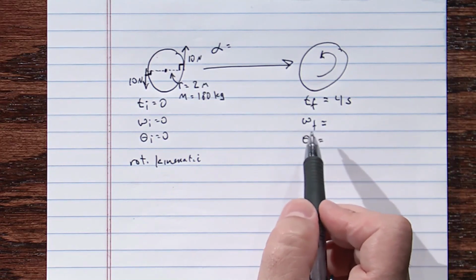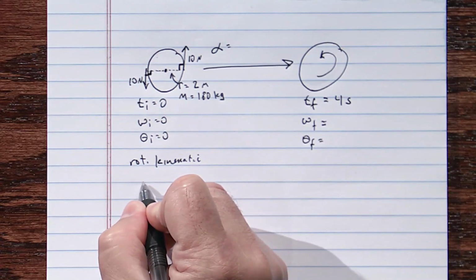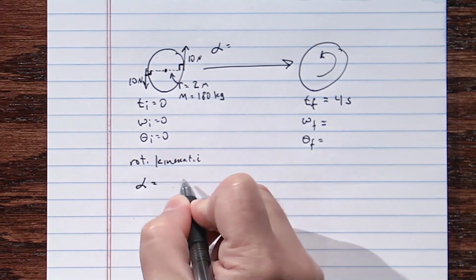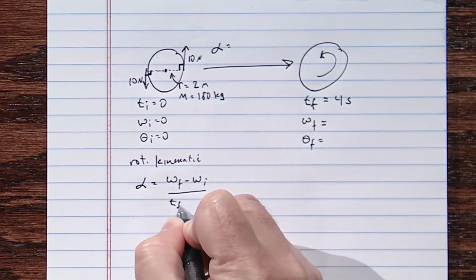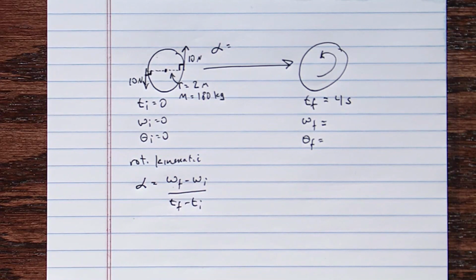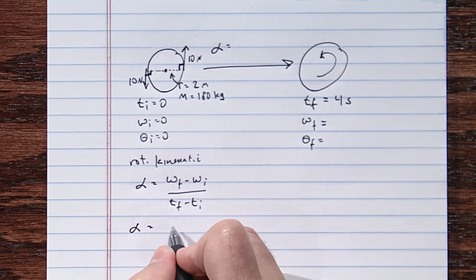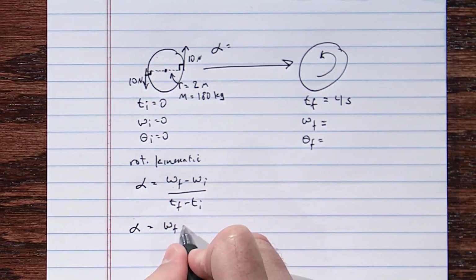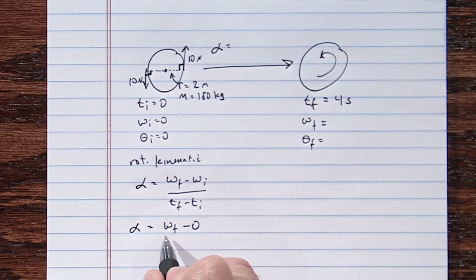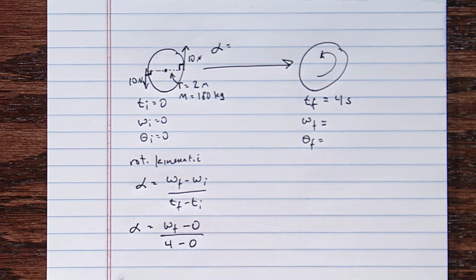So we're going to use our rotational kinematic equation that doesn't include theta final: angular acceleration is equal to omega final minus omega initial over T final minus T initial, or angular acceleration, which we don't know, is equal to omega final, which we're looking for, minus omega initial, which is 0, divided by T final, which is 4, minus T initial, which is 0.